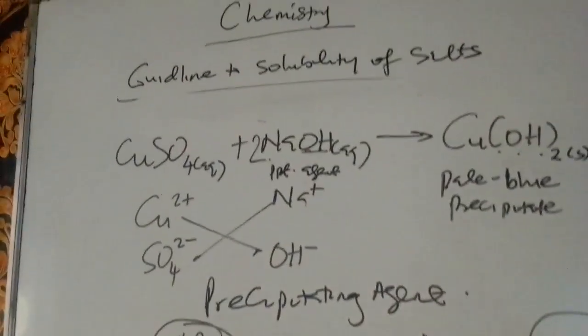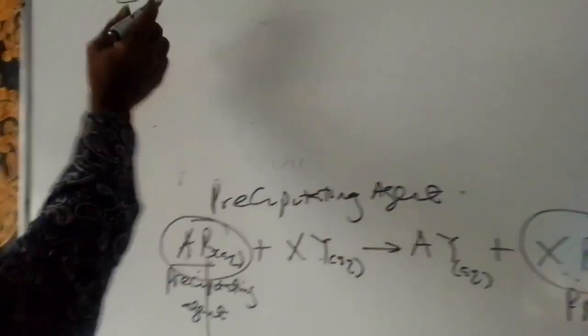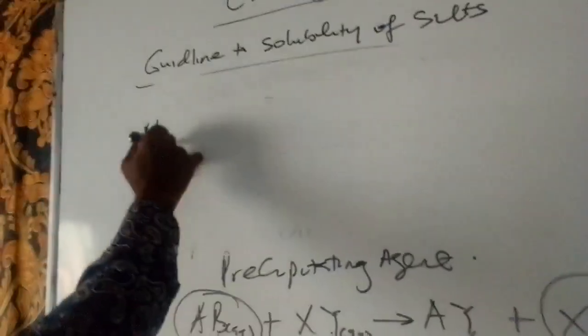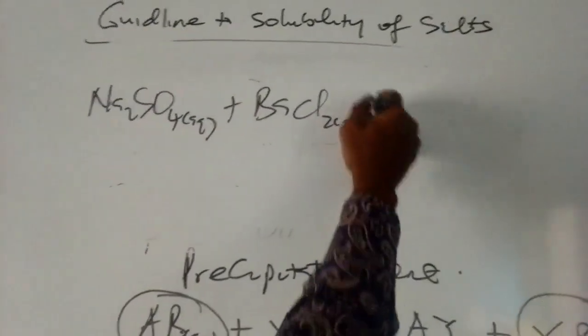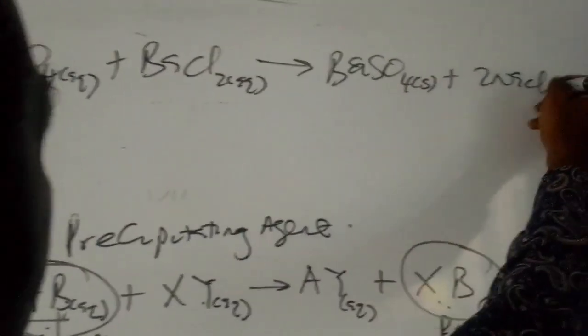Another example is if I should use this reaction. Perhaps we have sodium sulfate plus barium chloride, giving us barium sulfate solid plus sodium chloride, aqueous.